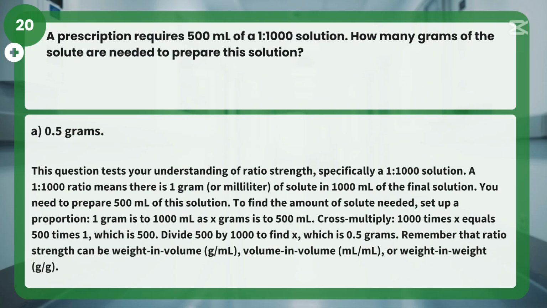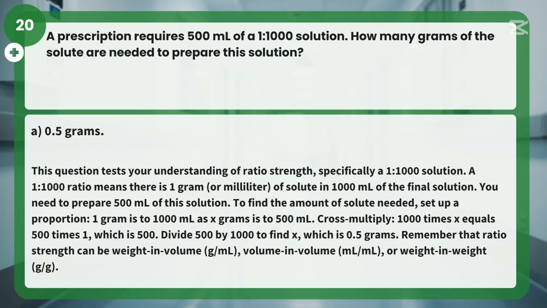Answer: A. 0.5 grams. This question tests your understanding of ratio strength, specifically a 1:1000 solution. A 1:1000 ratio means there is 1 gram, or milliliter, of solute in 1000 ml of the final solution. You need to prepare 500 milliliters of this solution.